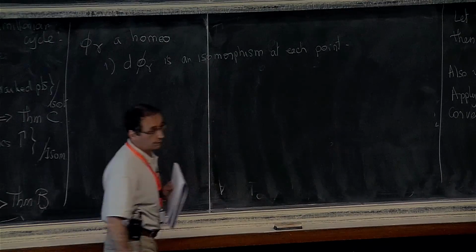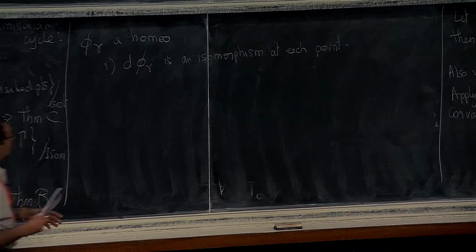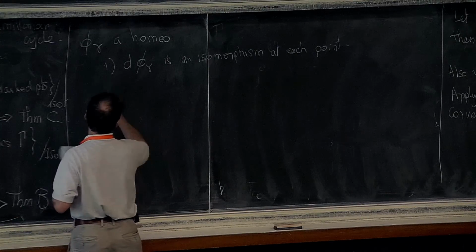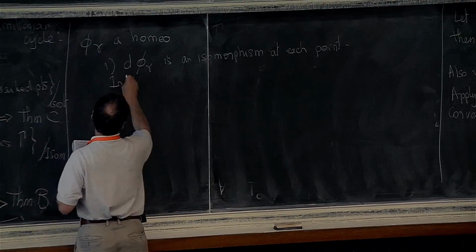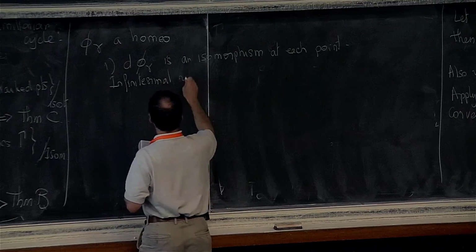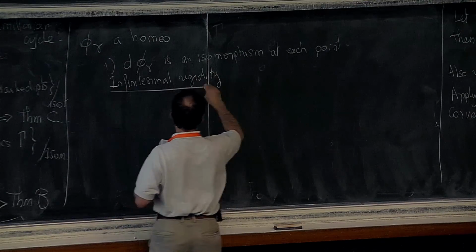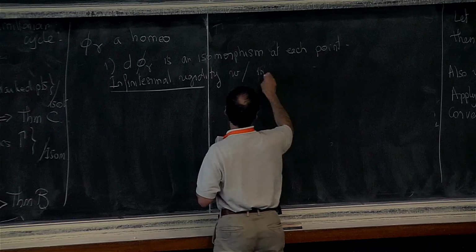So what does this mean? It means that if you take the polyhedron, you move the polyhedron a bit, you're going to change the induced metric a bit. And this means precisely that it's the statement of infinitesimal rigidity, with respect to the induced metric.